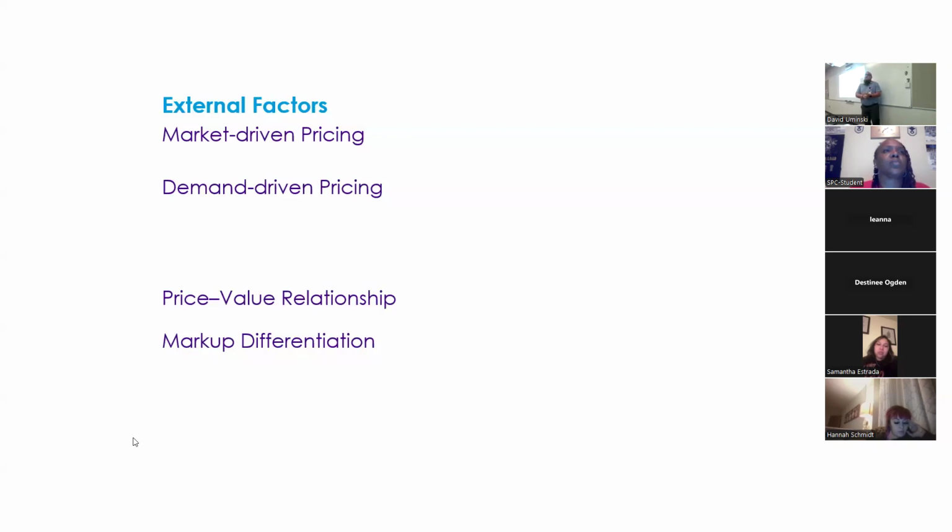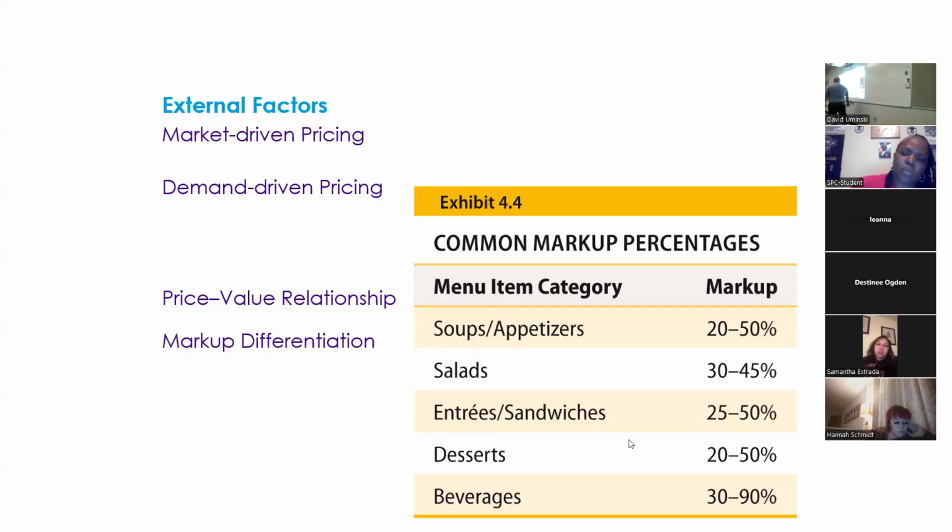Okay. Demand driven pricing. We already talked about the price value relationship. Let's talk about markup differentiation. So this is a concept that we can apply. When we're looking at our average food cost percentage we talked about in chapter 1, we're looking at about a 30 to 33% food cost.